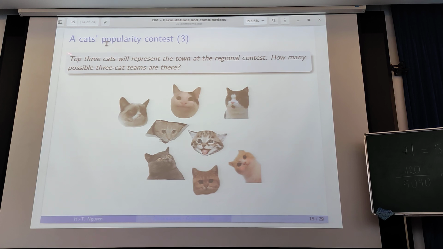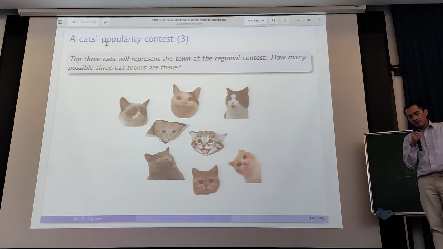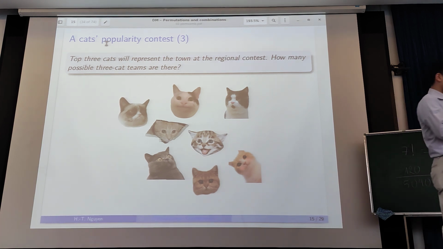So we want to choose 3 cats to represent this town in a bigger regional contest. And let's say that in that team of 3 cats, the order is not important. So how many possible results are there?